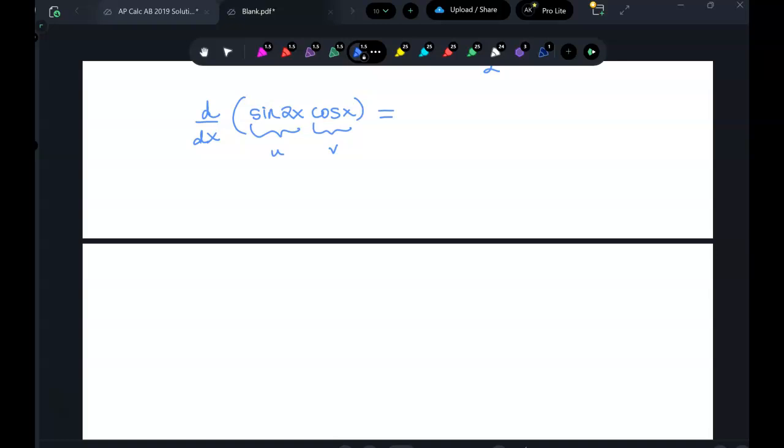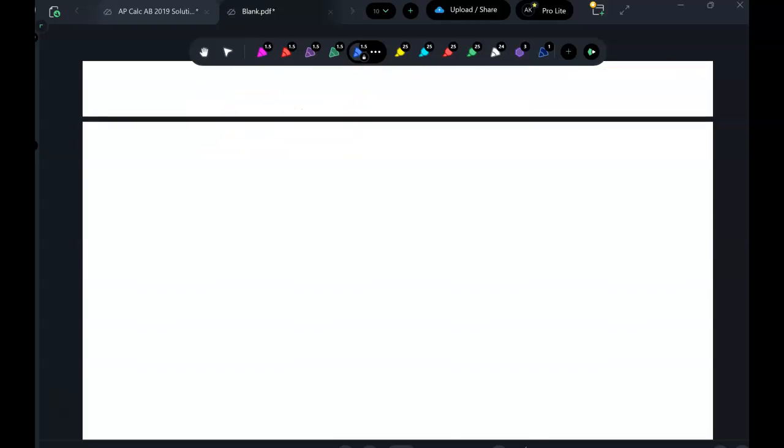So it would be sine 2x times negative sine x plus cosine x times cosine 2x times 2. I'm so good at this.